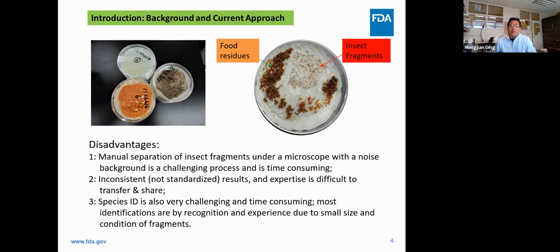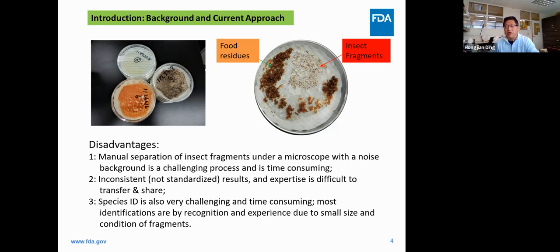But currently manually separating the insect fragments under the microscope with a noisy background is very challenging, also time consuming. Also, the results are inconsistent because of the color and texture.